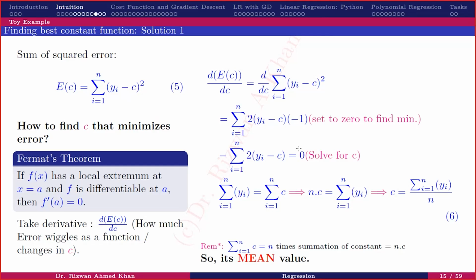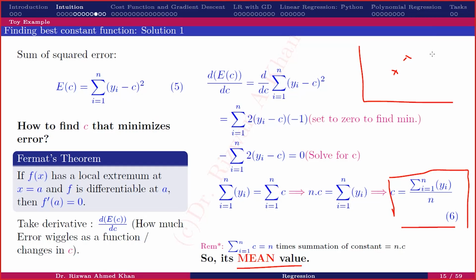And when we are trying to find the constant line, this is a very interesting example. It comes out to be the mean value. So as I told you before, if you are given this kind of data set and you are trying to find a constant line that best describes this data, this would be the mean value.